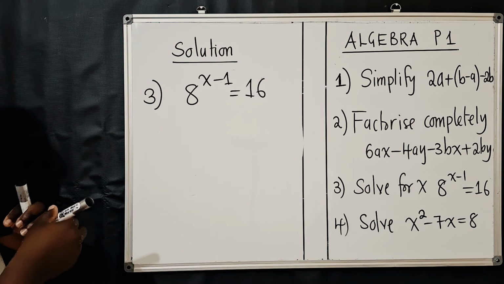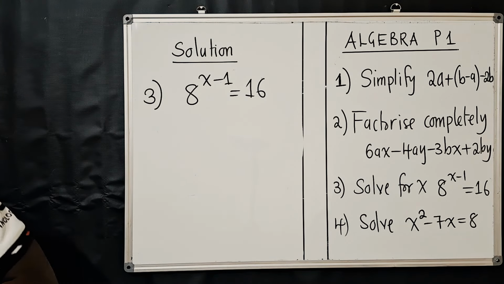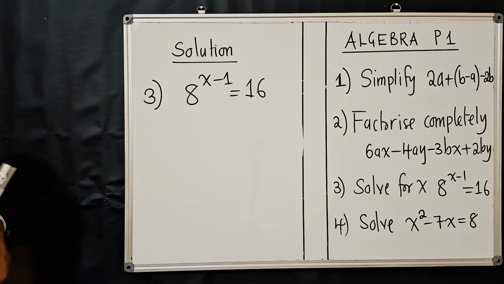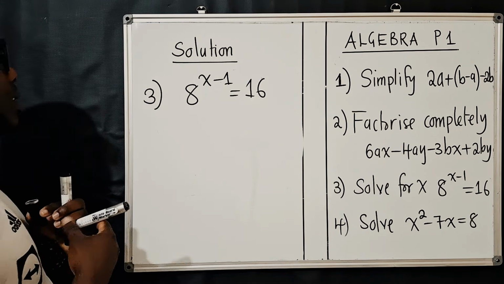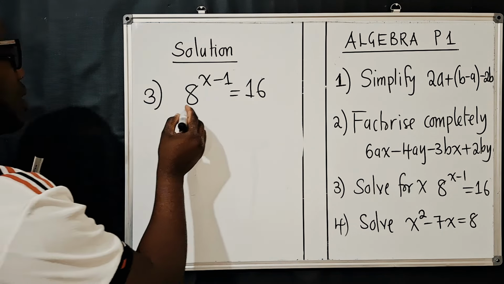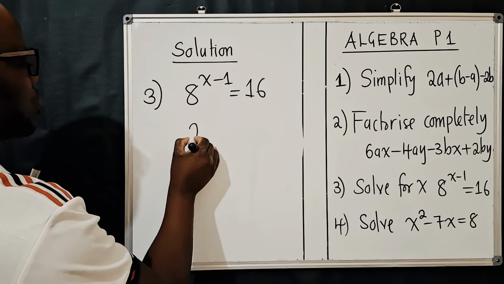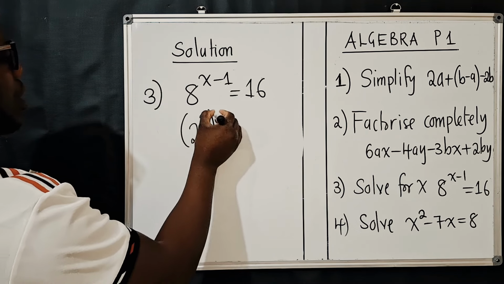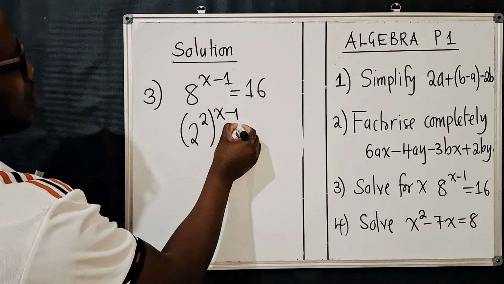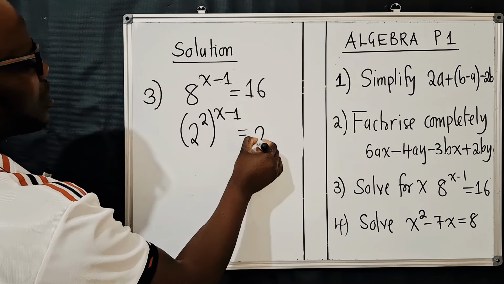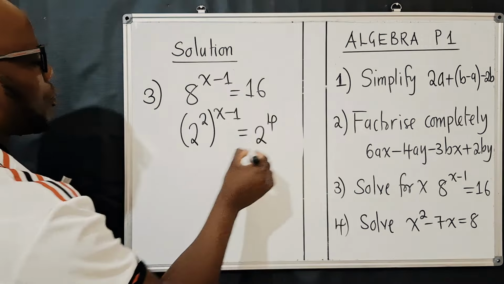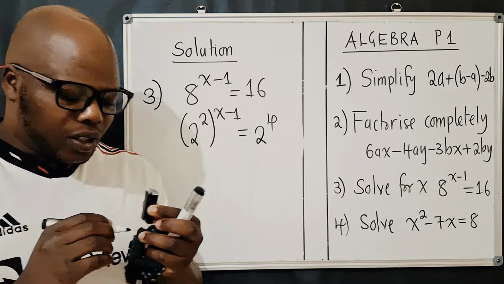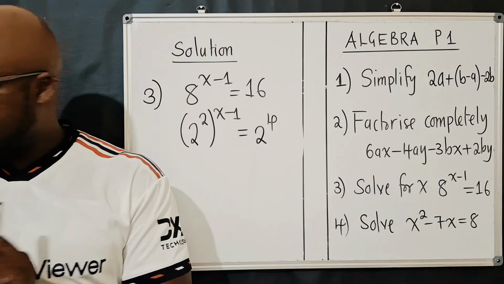So right here, what we need to do is to just balance the bases. So we balance the bases. We've got 2 power 3, like that. The laws of indices. Here 2 power 4. Now, I want you to understand something very simple here.